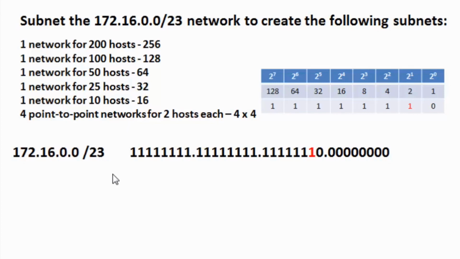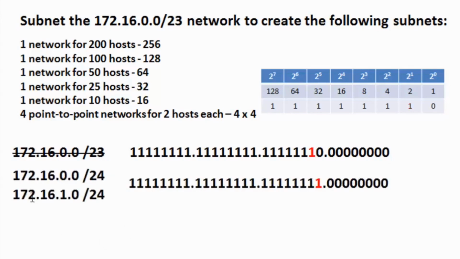Working from largest to smallest, the first thing I need to do is to create a network for 256 hosts to satisfy the 200 host requirement. I can subdivide this single network of 512 hosts into 2 smaller subnets of 256 hosts each. So instead of having a 172.16.0.0 network /23, I change the subnet mask to /24.